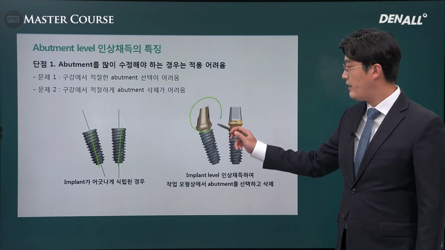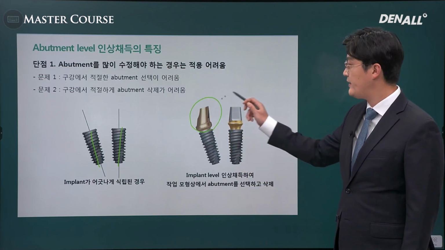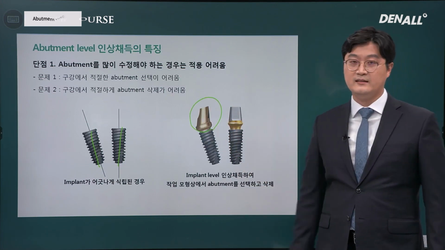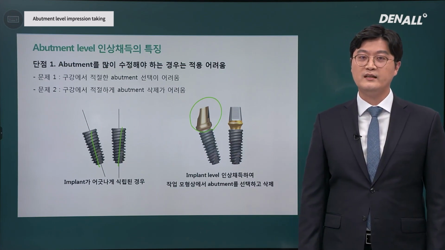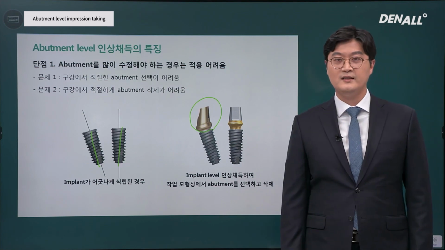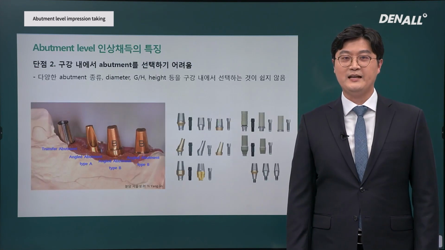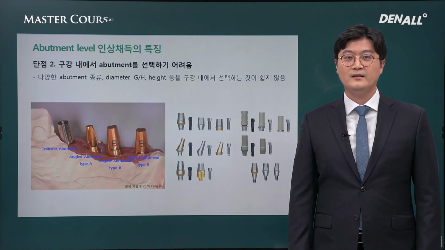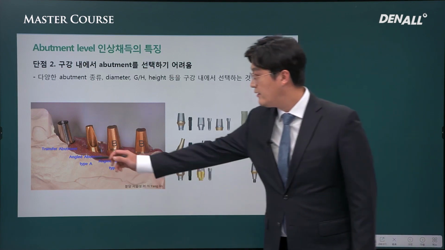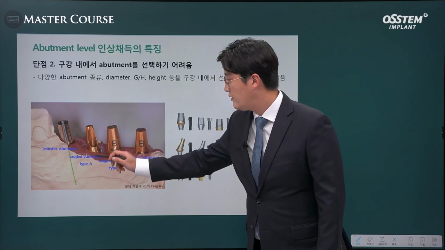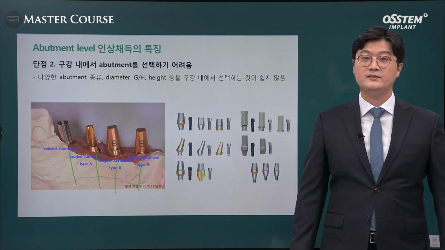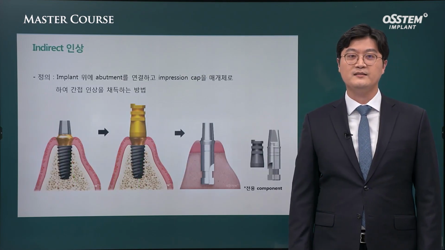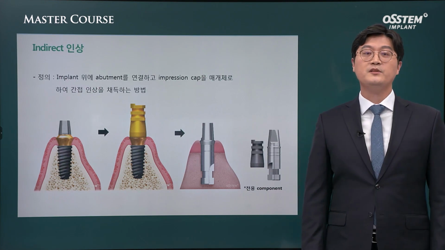And in the mouth, if an angled abutment or straight stock abutment are used, it is not easy to select them while a patient keeps opening his or her mouth and we are pressed by time. Multiple implants have different angulations, and choosing stock abutments in the mouth is very challenging.